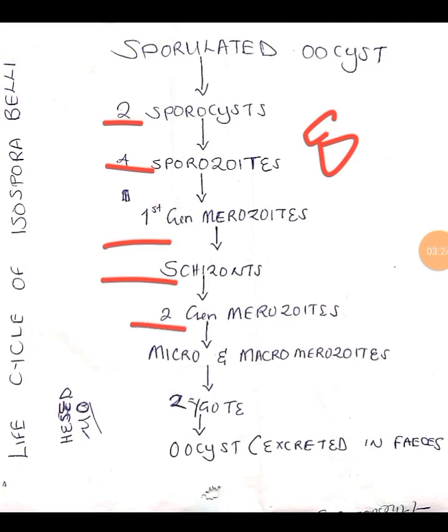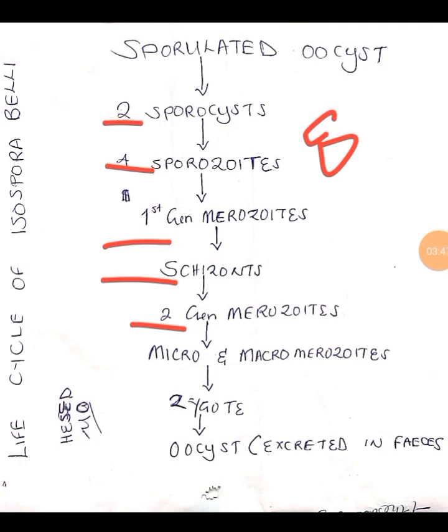When the second generation merozoites are released, some of them will again attach to the epithelial cells, causing rupture of the epithelial cells by different pathogenic mechanisms.